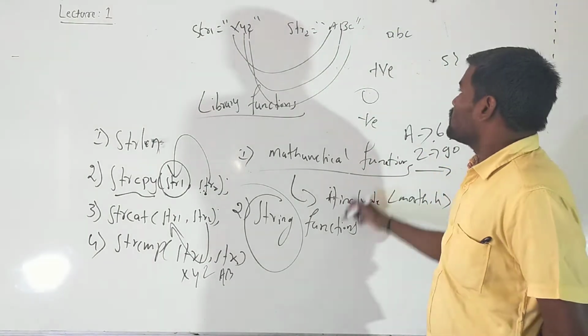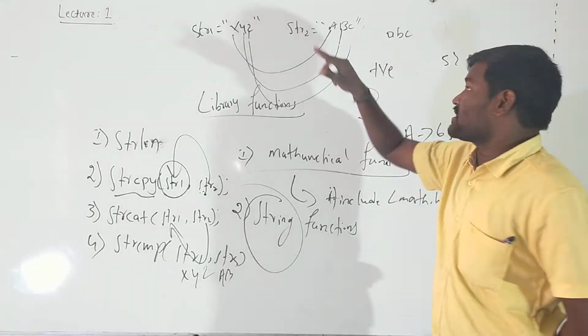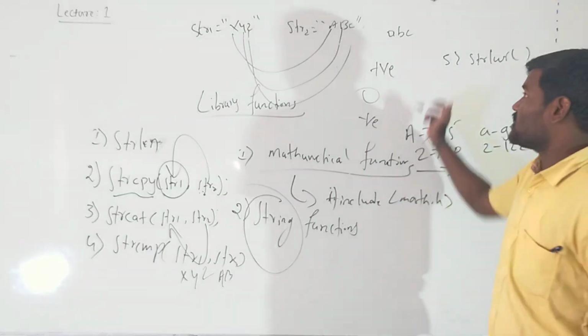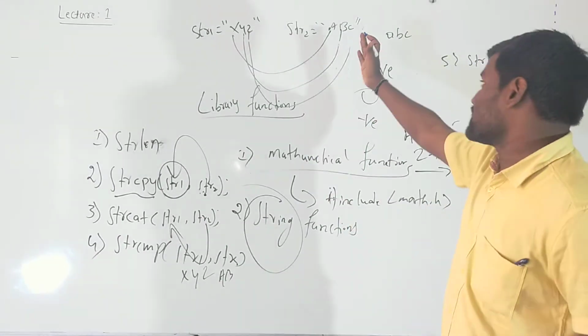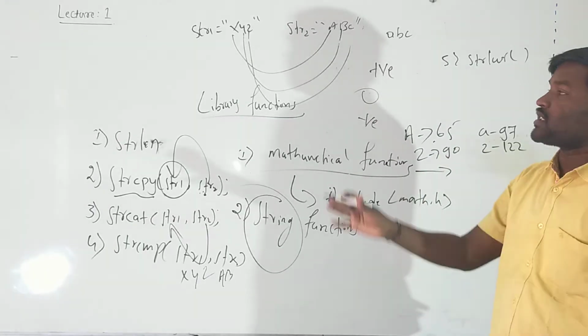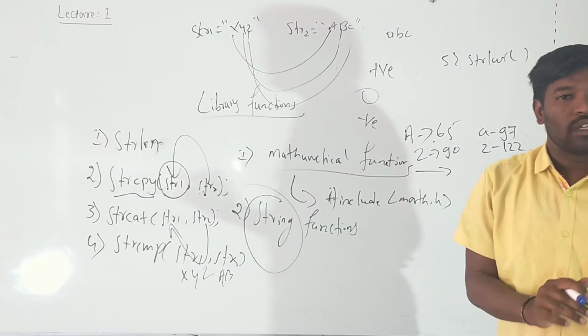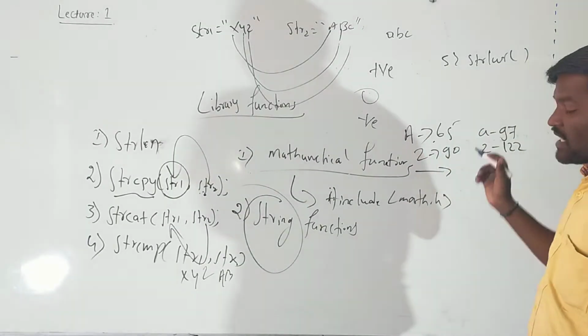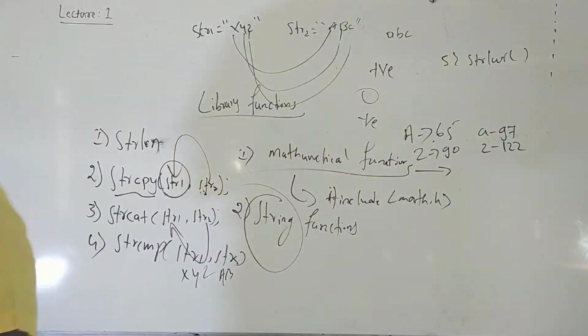See here, suppose I give A and B as capital letters and C as a small letter, then only A and B are converted to small letters, not C. C is displayed as it is, because C is already lowercase. It will not convert to uppercase. Okay. strlwr is used to convert all uppercase letters to lowercase letters.